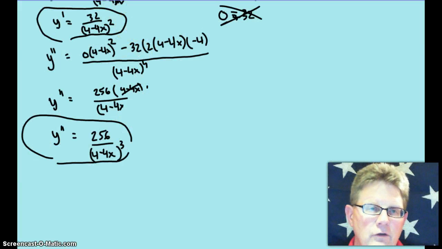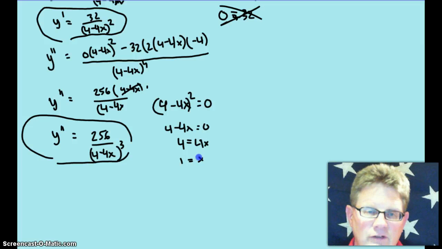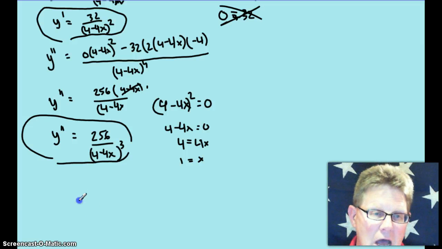So where is that function undefined? That function is undefined where, in this case, the denominator equals 0. So 4 minus 4x quantity squared equals 0. Take square root of both sides. So add 4x to both sides. Divide both sides by 4, x equals 1. That will be our only critical value for y prime as well as y double prime.